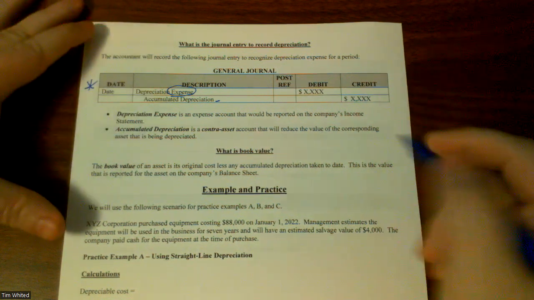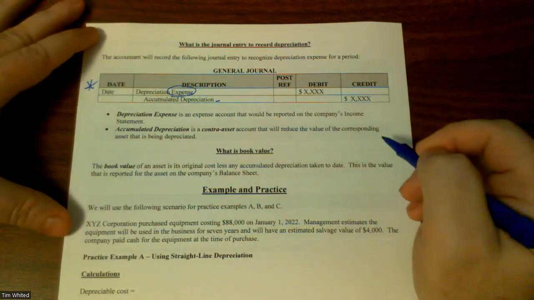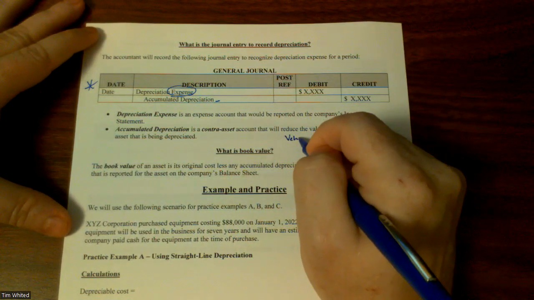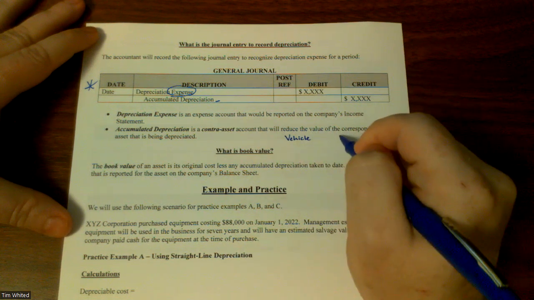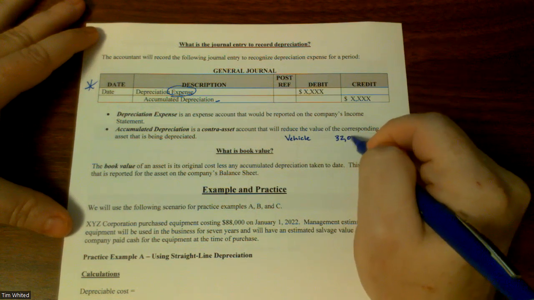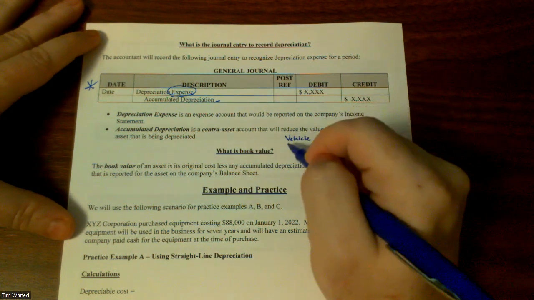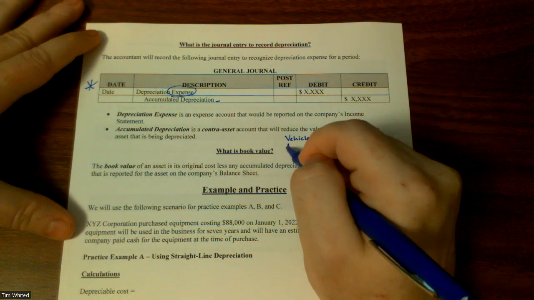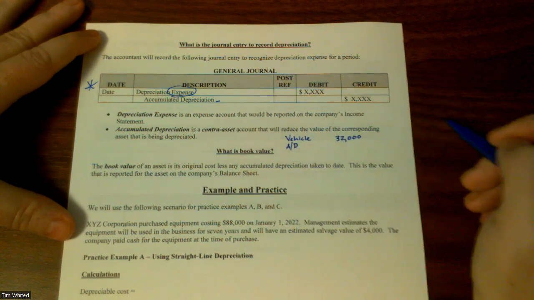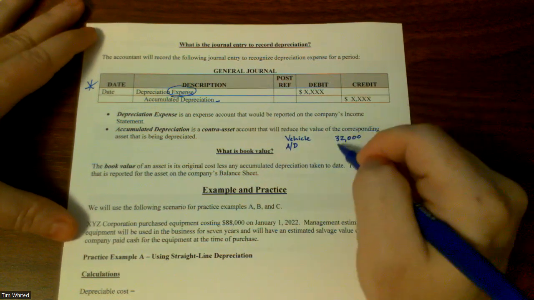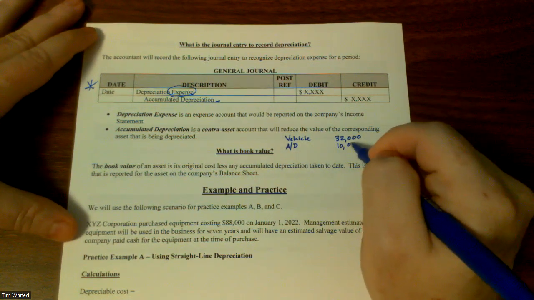So let me give you just a really brief example here. Let's say that we have that company vehicle we talked about, and that vehicle cost $32,000. Let's say that we have taken accumulated depreciation, which is what the A/D is, of $10,000 so far.